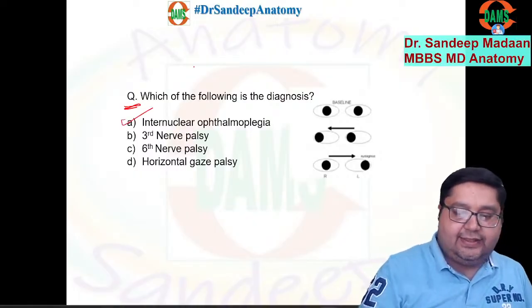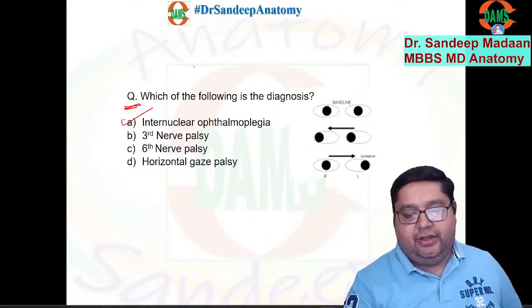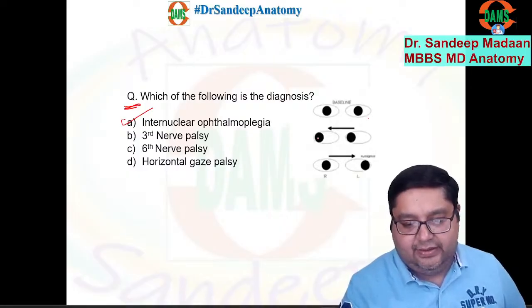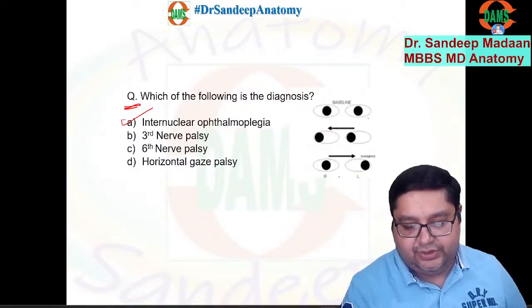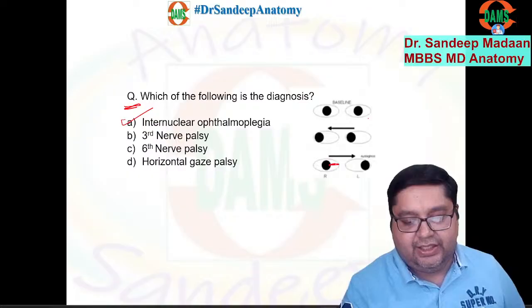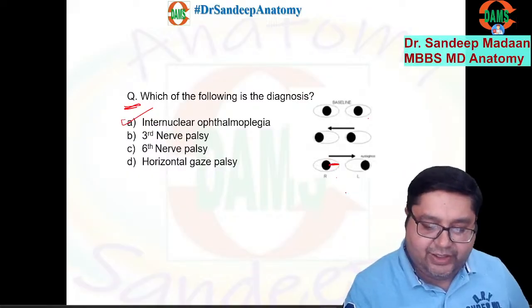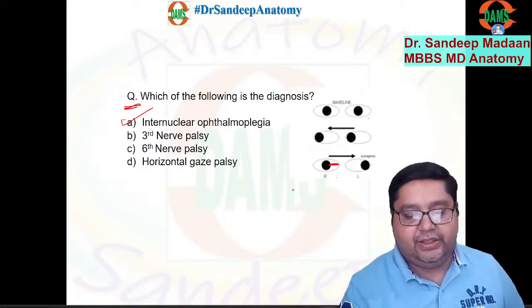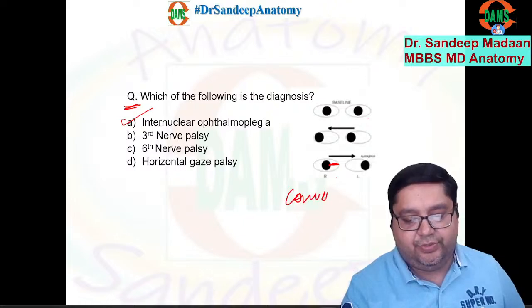Okay, A is the answer because this is the baseline. The eye can move on this side, I can move on this side, but here there is something missing. At this stage we can't simply say. There should be one more picture given where convergence should be shown as present.